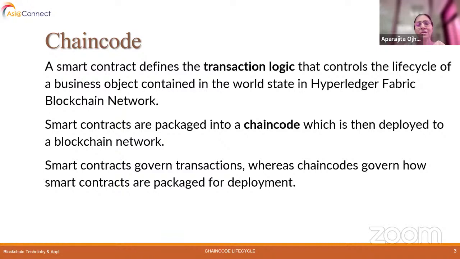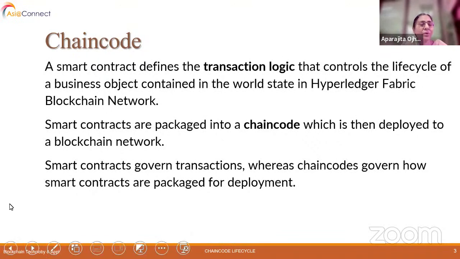And then in the next lab session, you will also see how we can use the smart contracts or the chain code to run a business on your test network. So smart contracts govern transactions, whereas chain code governs how smart contracts are packaged for deployment and how they can be used. That is the idea.